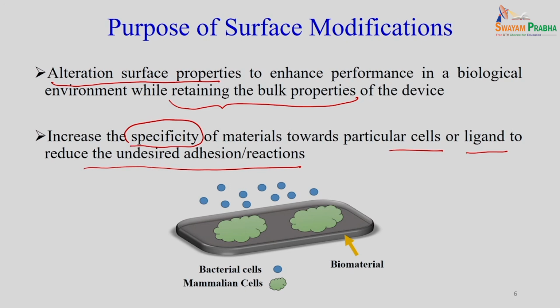Here, in the environment we may have both mammalian cells as well as bacterial cells, but our interest is to restrict or inhibit the bacterial cell adhesion and to promote the mammalian cell adhesion, particularly if you are looking at the implant surface.